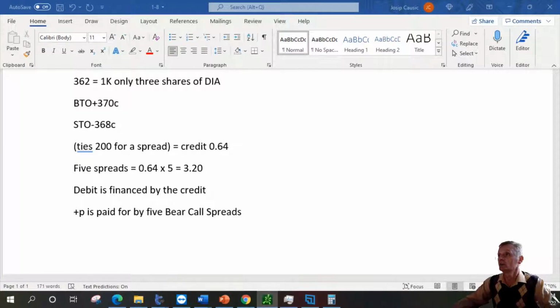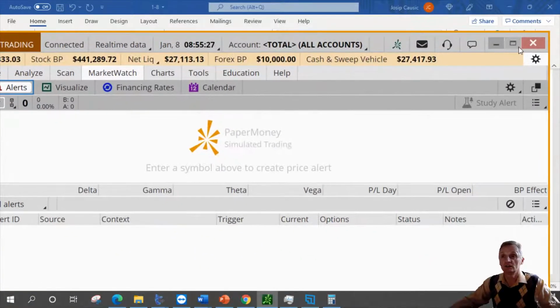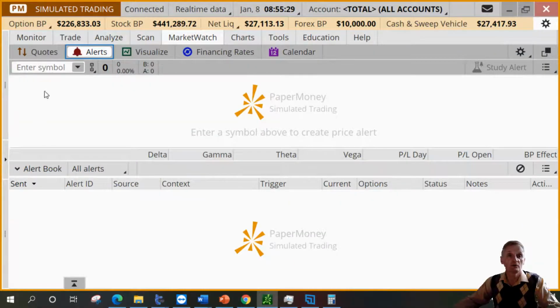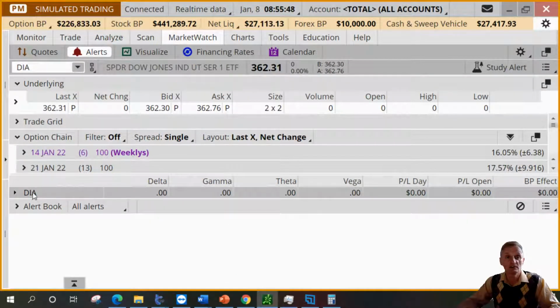I'm bringing here Thinkorswim, and I want to teach you how on Thinkorswim you can enter the symbol, and then when you go into the alerts, you can say, I want to create an alert when the diamond is at or above a certain level.